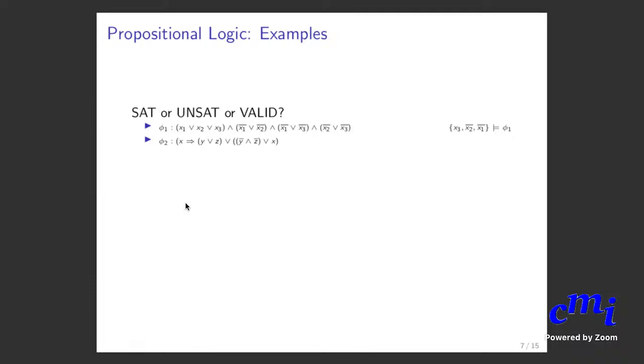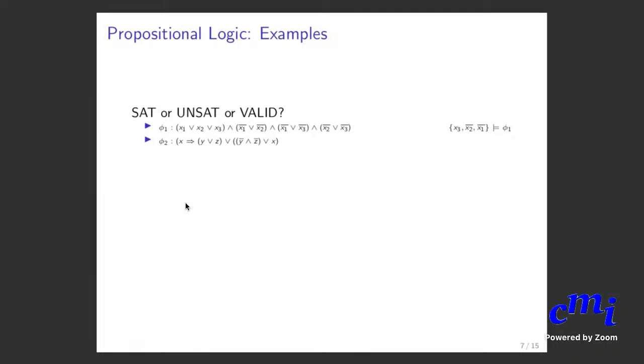If the formula has 3 variables, you can have 2 to the 3 possible assignments to the variables, correct? And it is unsatisfiable if it is false for every possible assignment. You can have formulas that are neither valid nor unsatisfiable, because there could be some assignments for which they're true and some that make it go to false.